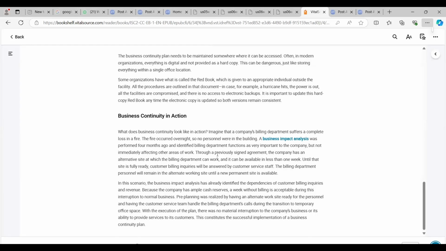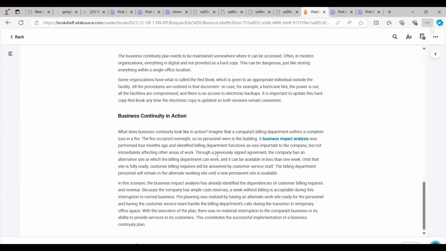So what does business continuity look like in action? Imagine that a company's billing department suffered a complete loss in a fire. The fire occurred overnight, so no personnel were in the building. A business impact analysis was performed 4 months ago and identified the billing department function as very important to the company, but not immediately affecting other areas of work.